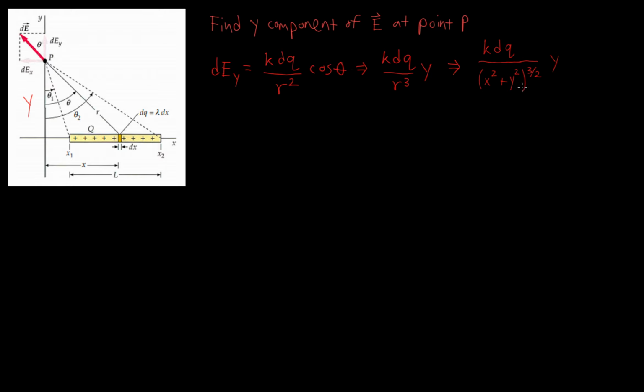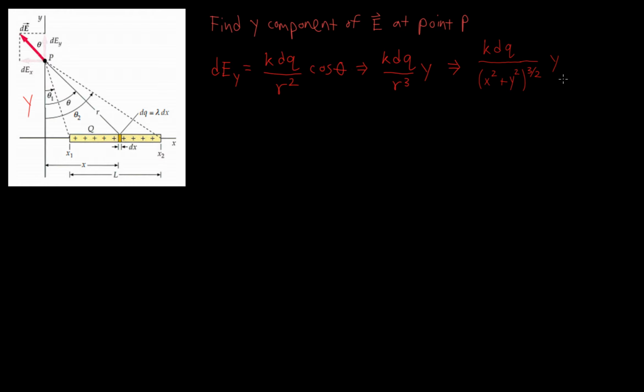So the next variable in this expression to change in terms of x and y is dq. And because we already defined r cubed as x squared plus y squared raised to the 3/2, and k is just Coulomb's constant, which is a constant.